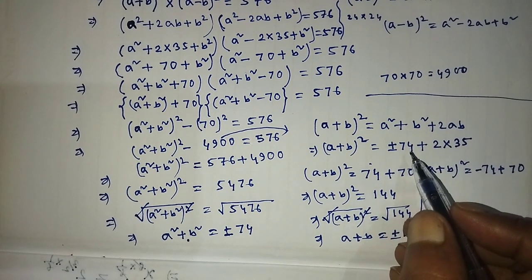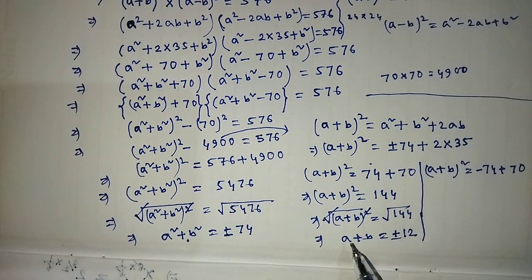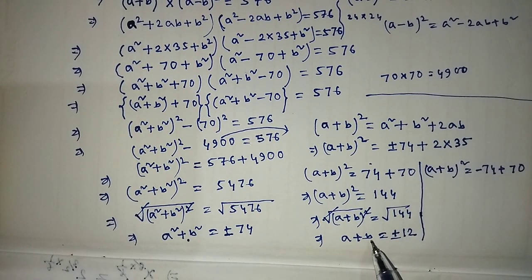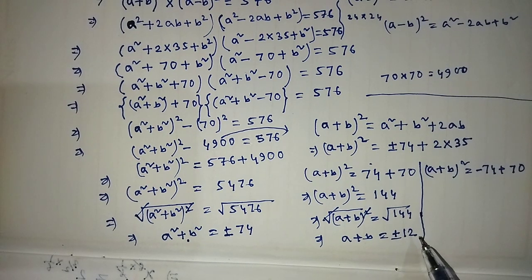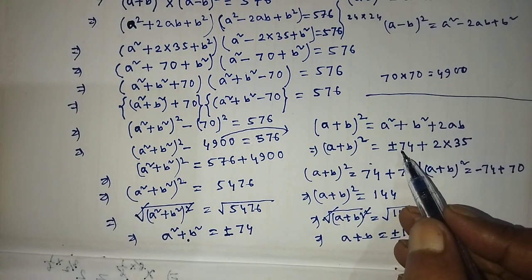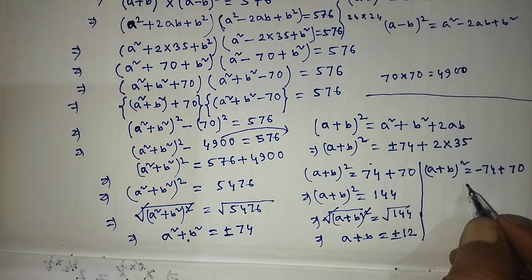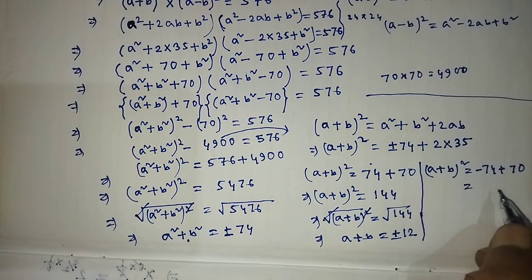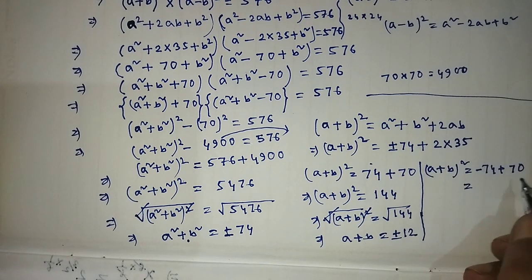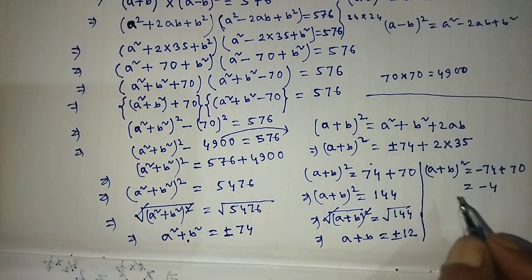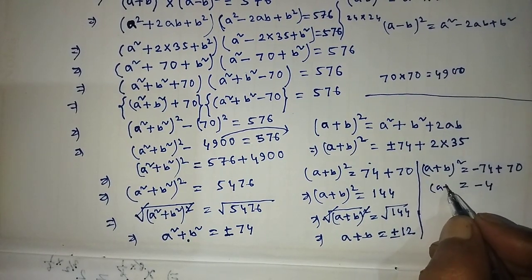If we take the negative, minus 74 plus 70, that means minus 4, and here will be (a + b)².